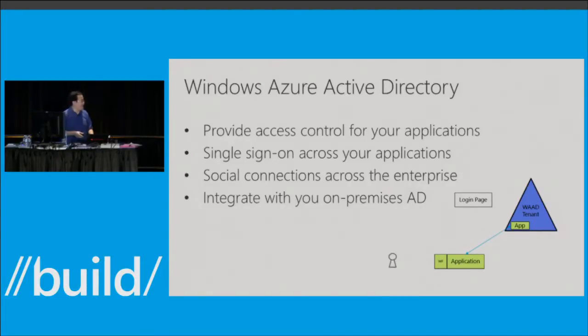So after you configure this kind of a trust relationship, once a user tries to log on to your system, the WIF, Windows Identity Foundation module, which is injected into your ASP pipeline, will intercept the call and check to see if the user has been authenticated. If not, it will redirect you to Windows Azure Active Directory for the sign-on process.